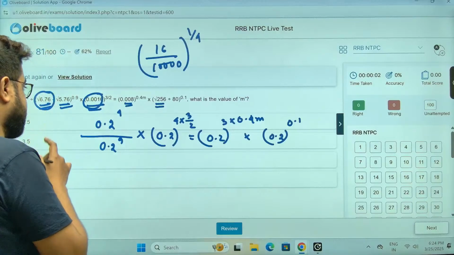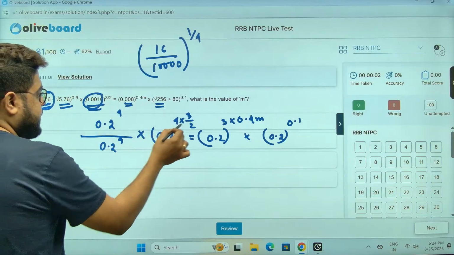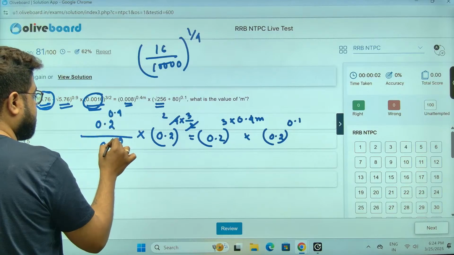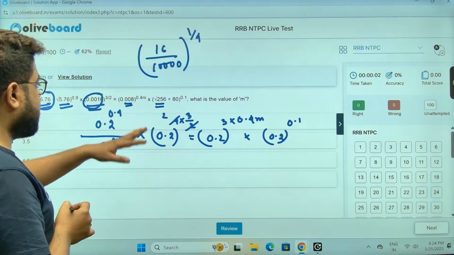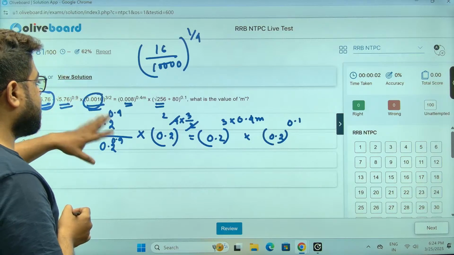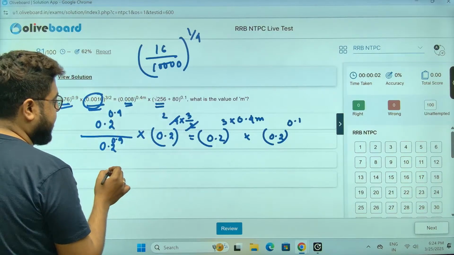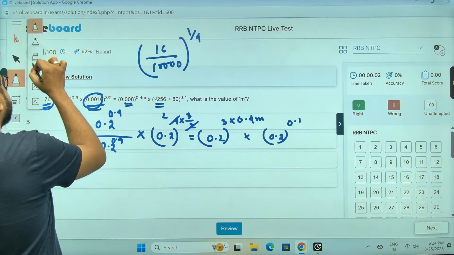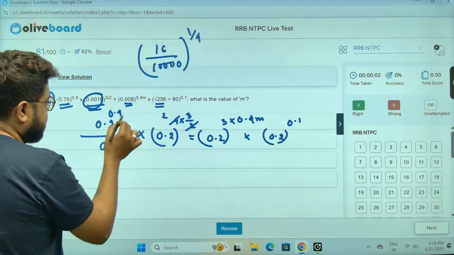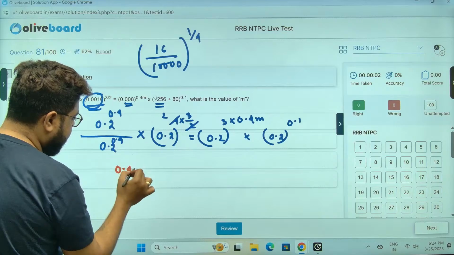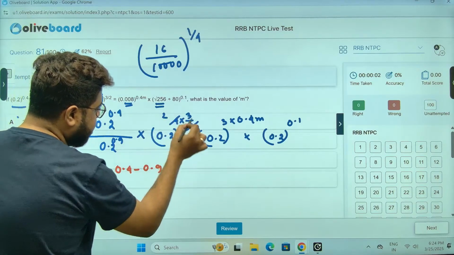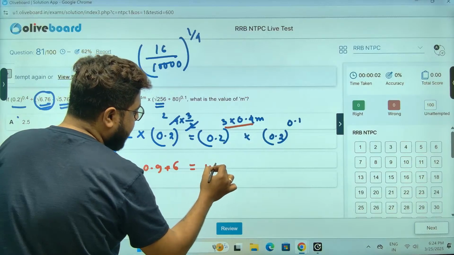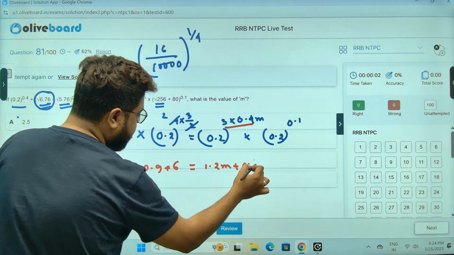Okay, sir. So this is 0.4, sorry. And done. So equate the powers, sir. This is 0.4 minus 0.9 plus 3 plus 2, 6. It is equal to the right hand side. This is 1.2 m plus 0.1.